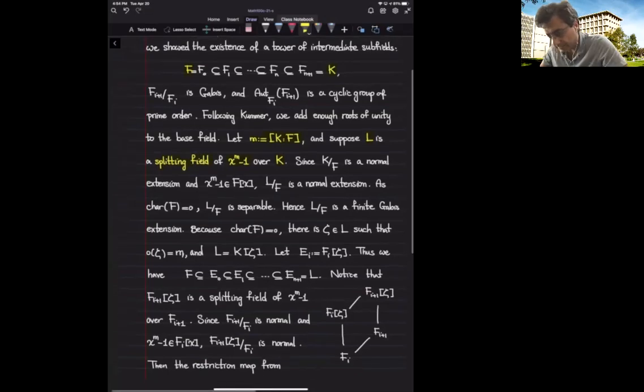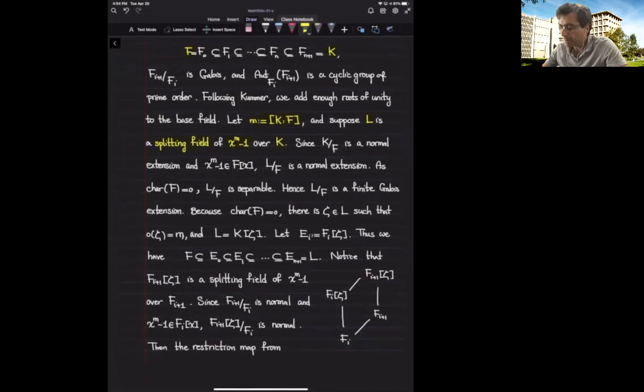But for now, L is a splitting field of x to the n minus 1 over the base field capital K. Because K over F is a normal extension and x to the m minus 1 has coefficients inside the base field, this splitting field is not only going to give us a normal extension of K, but it is also going to give us a normal extension of the base field capital F. And because I'm assuming that the characteristics of these fields are 0, all the algebraic extensions are going to be separable, and therefore L over F is also a separable extension.